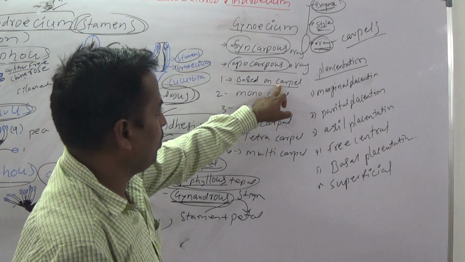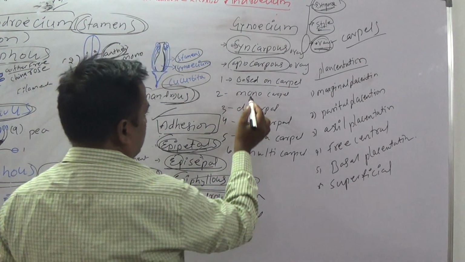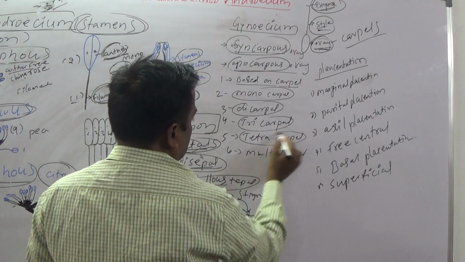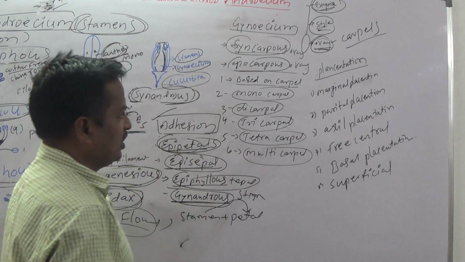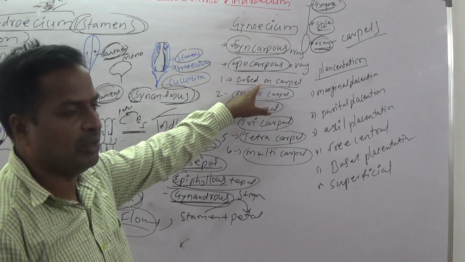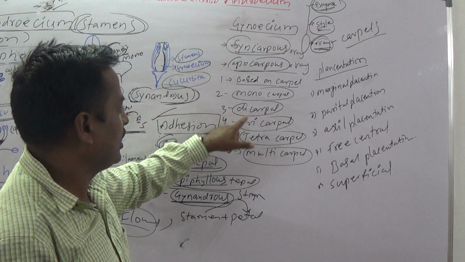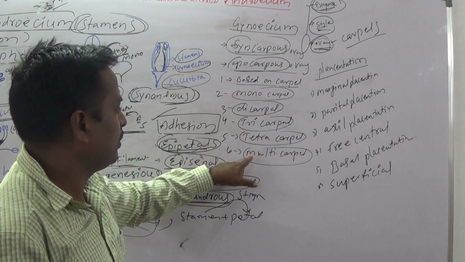Based on carpel number, the ovaries are of different types: monocarpal, dicarpal, tricarpal, tetracarpal, multicarpal. You remember based on carpel number. First one is monocarpal, dicarpal, tricarpal, tetracarpal, multicarpal.